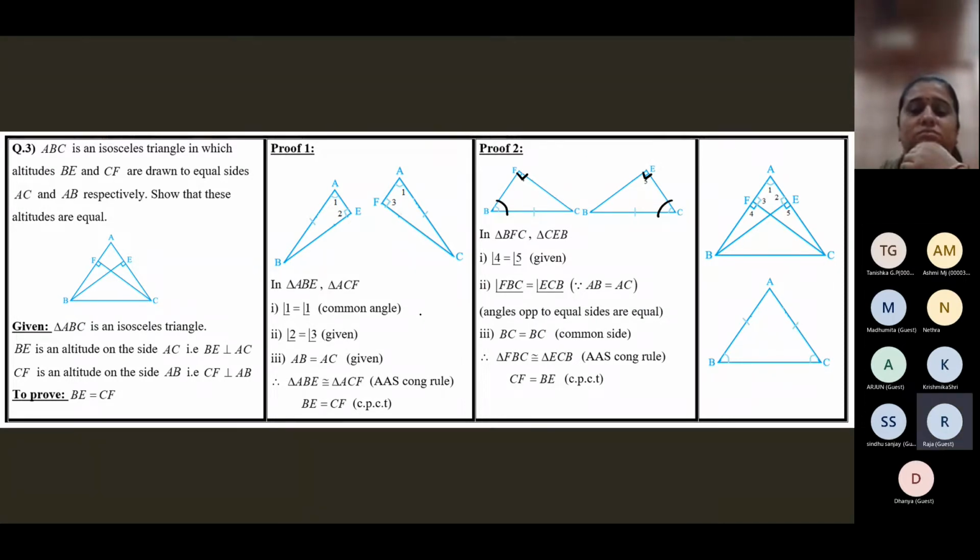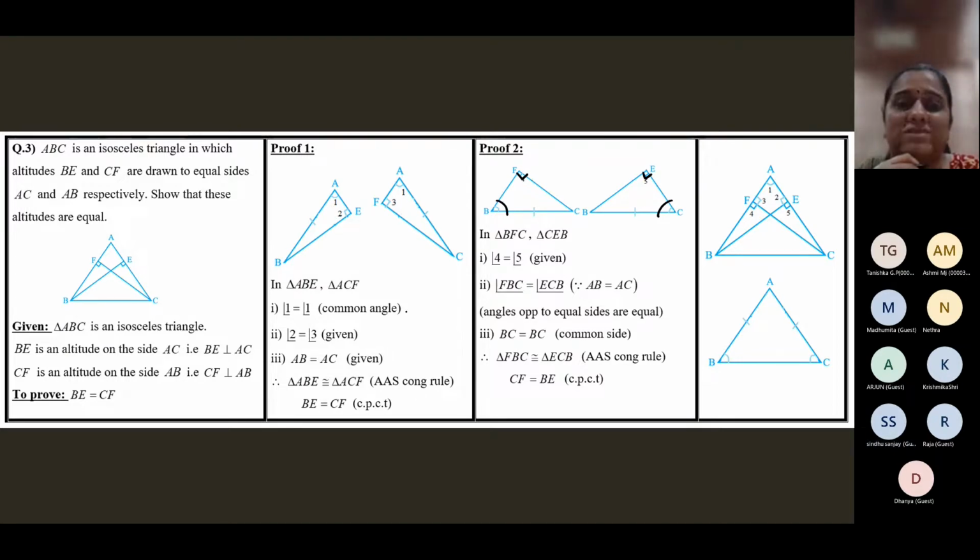Ma'am, we have BC is equal to BC, because it's a common side. Okay, because both the triangles have a common... something else I want. Complete this: because both the triangles, who can complete that? Because both the triangles have a common base, ma'am.